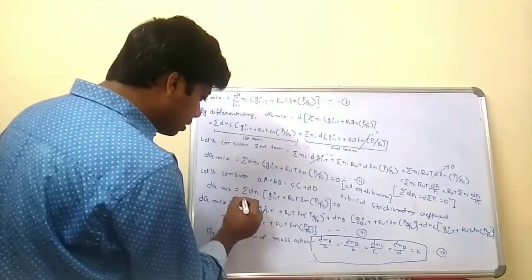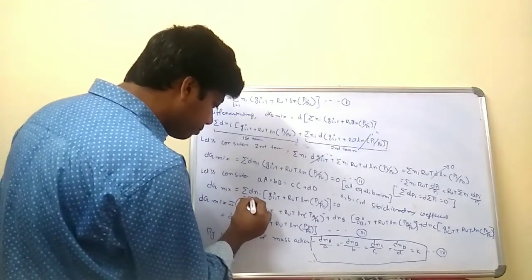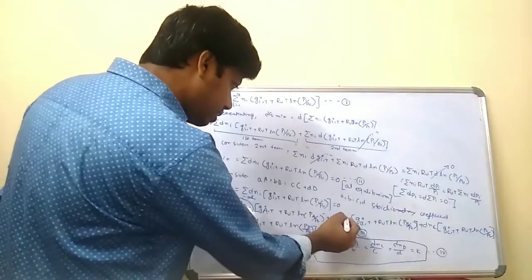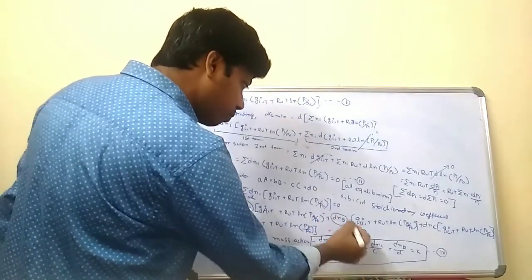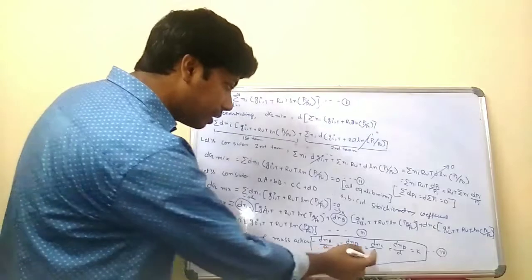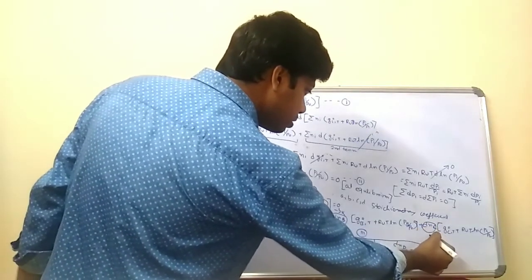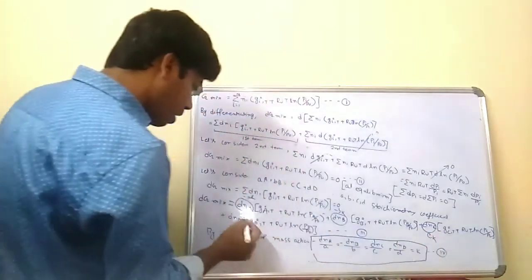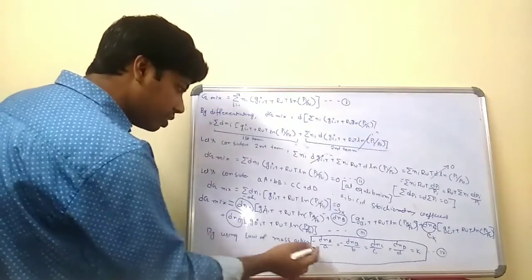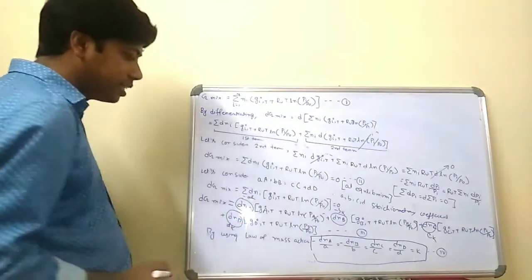In the next line you can write minus bk in terms of dNB, and ck in terms of dNC, and dk in terms of dND.